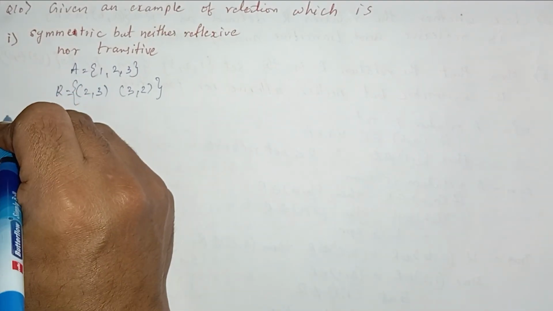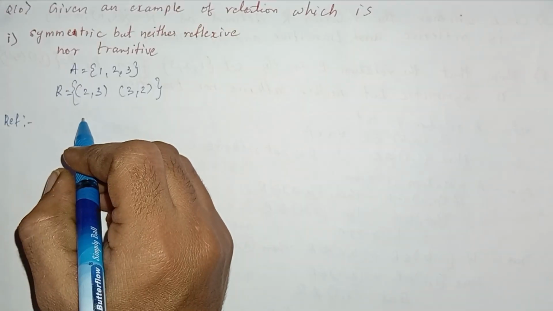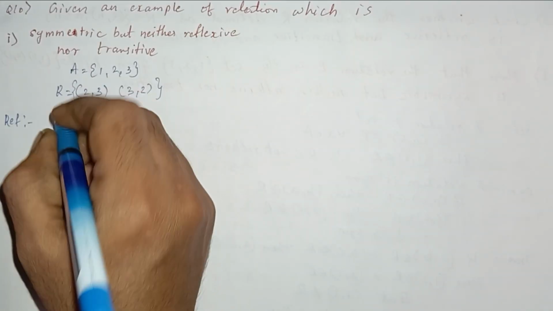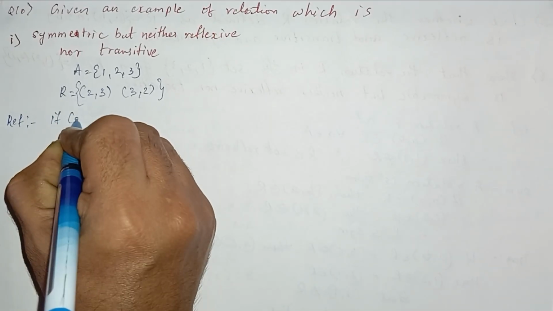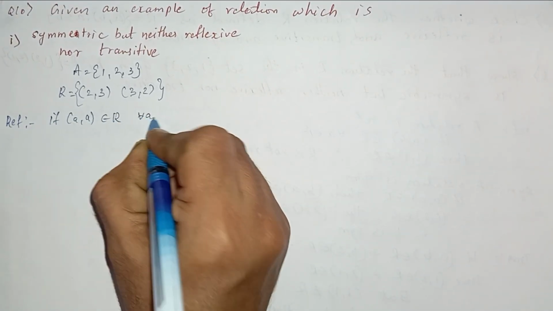So first we will prove it for reflexive. Reflexive means (a, a) belongs to R for every a.